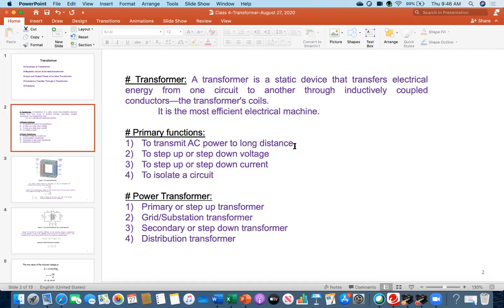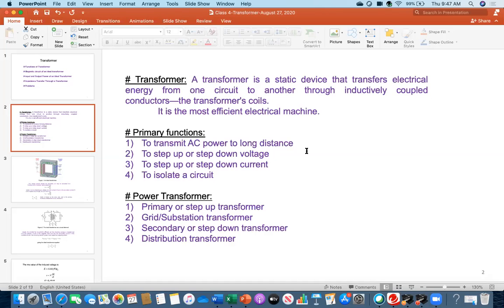So you all know, can you transmit DC power over long distances? You cannot, because you cannot increase or decrease the DC voltage. Although there are some power electronics means, that is a different thing. We're talking about conventional power lines.